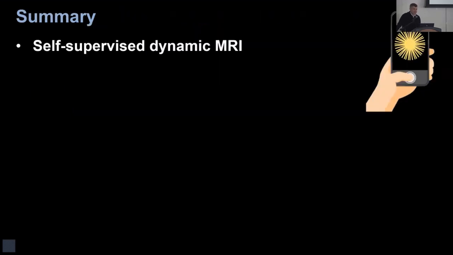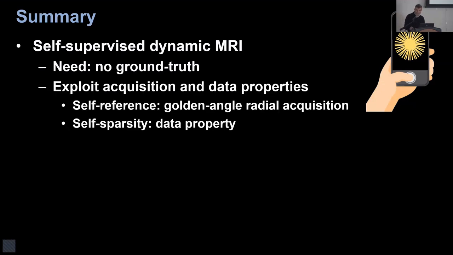All right, to summarize, if we take a selfie of these golden angle radial acquisitions, where we need to do it because there is no ground truth in order to supervise a reconstruction network. So we were using compressed sensing results before, but now if we take a selfie of golden angle radial acquisitions, we can actually exploit some acquisition and data properties.